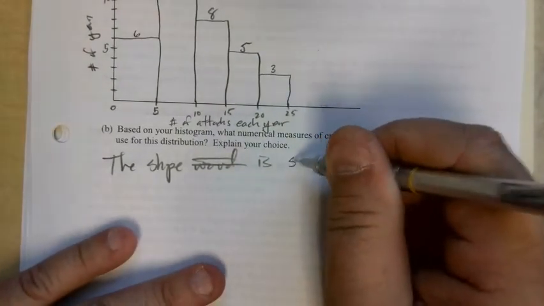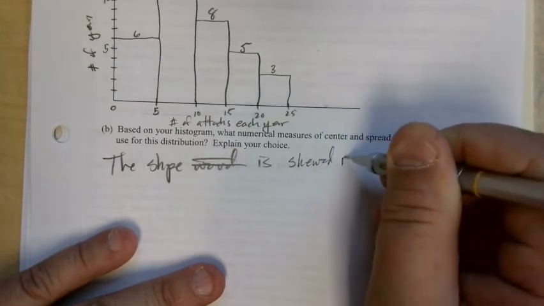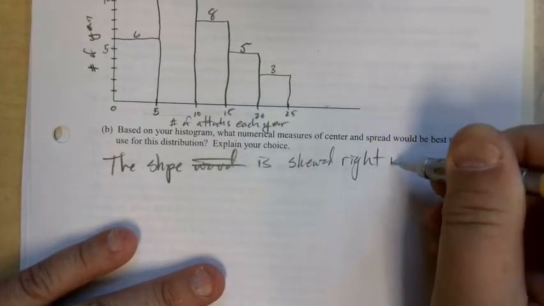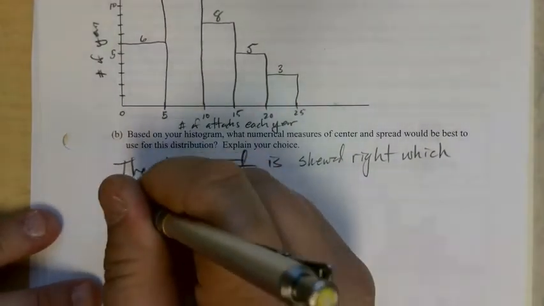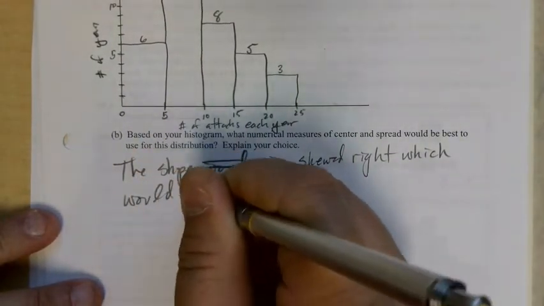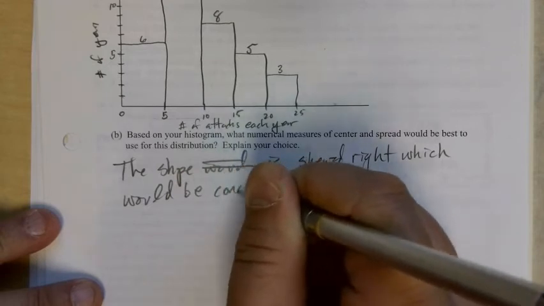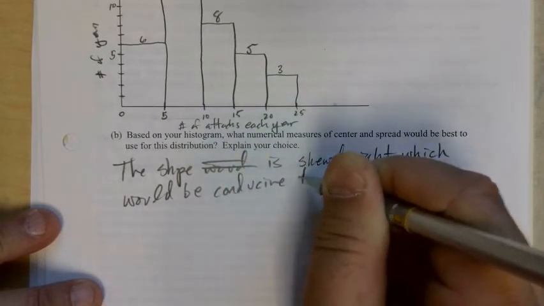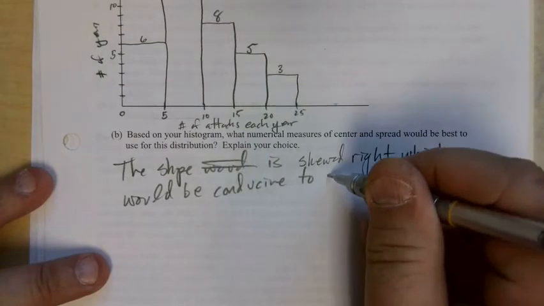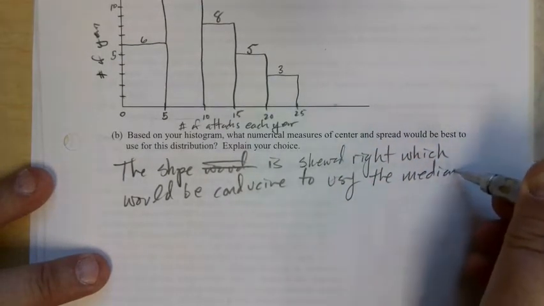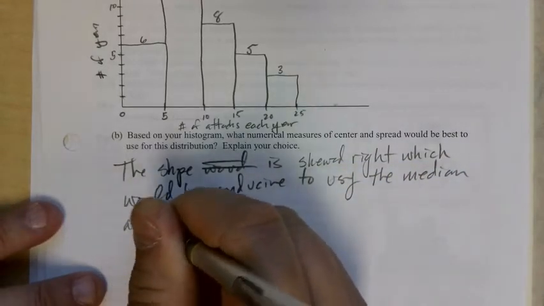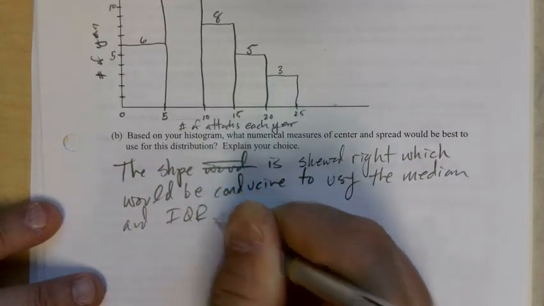The shape is skewed right, which, remember, for skewed distributions would be conducive to using the median and IQR.